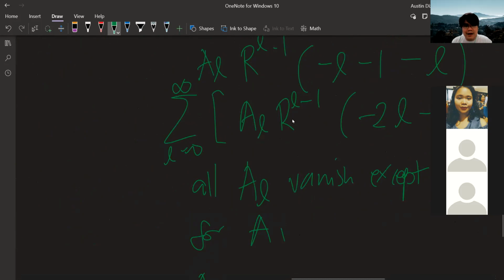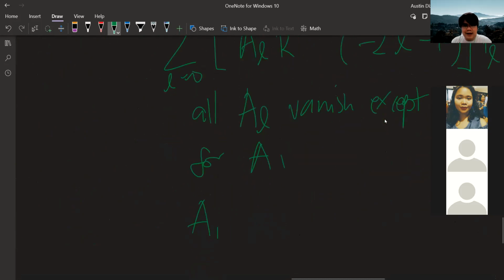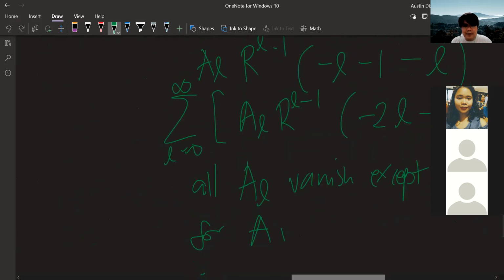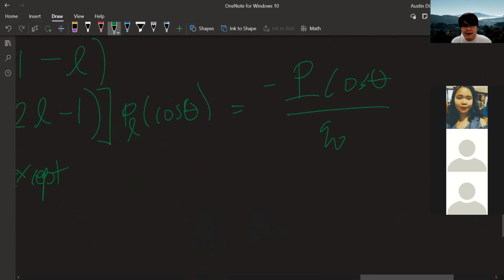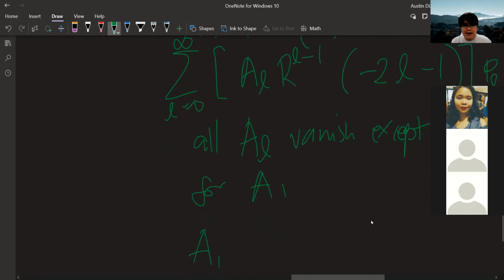Plug in lang natin yung 1 sa lahat ng l. Pansinin nyo, may negative sign dito. Cancel ko na yun, no? So, dali buhay natin. R raised to l minus 1, so that's 1 minus 1, R raised to 0. R raised to 0 is equal to 1.